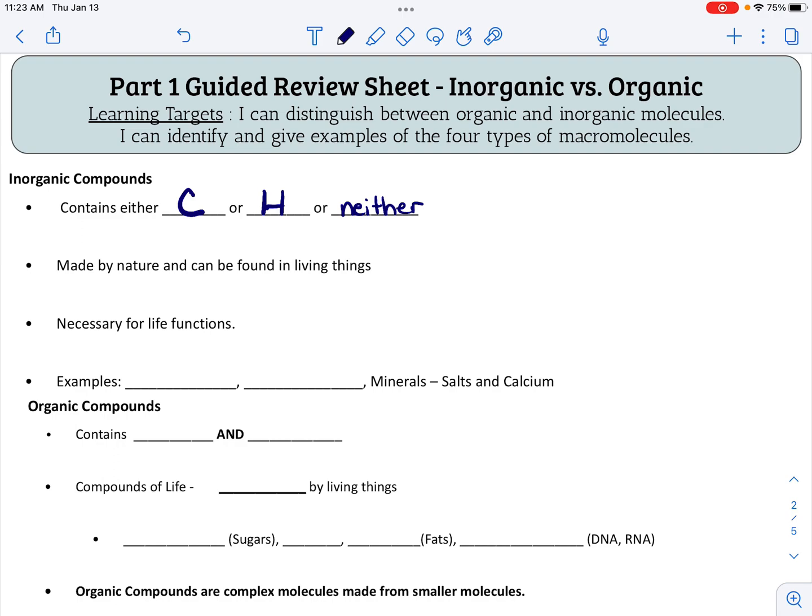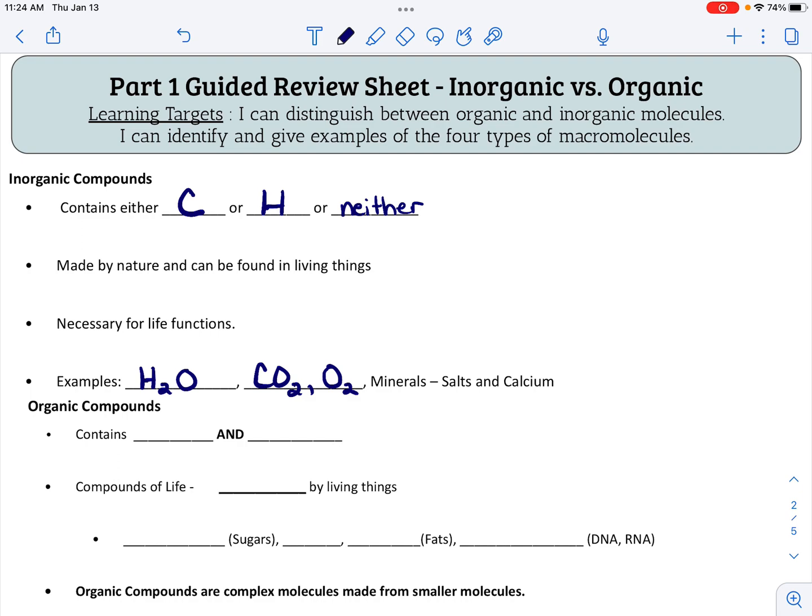But they can't have both carbon and hydrogen. These are things that are made by nature and can be found in living things, examples like water, carbon dioxide, oxygen, minerals like salts and calcium. So things that our body needs but are not going to contain carbon and hydrogen.